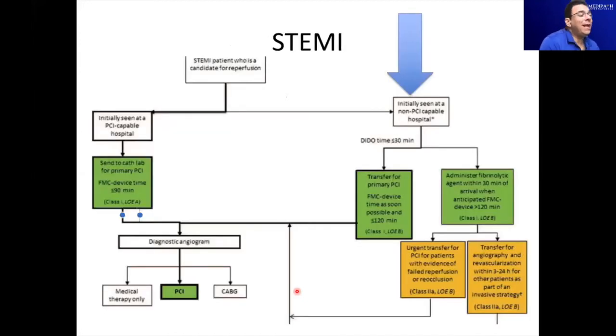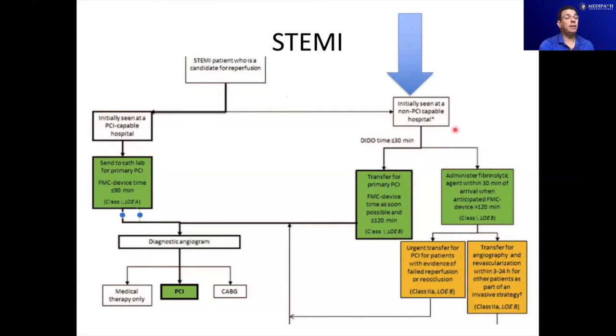So when we're looking at heart attacks, we're trying to determine if they have ST elevation, because those are the heart attacks that are improved if you take a patient to the catheterization lab for angioplasty, or if you give them TPA or another type of thrombolytic or another type of anticoagulation.